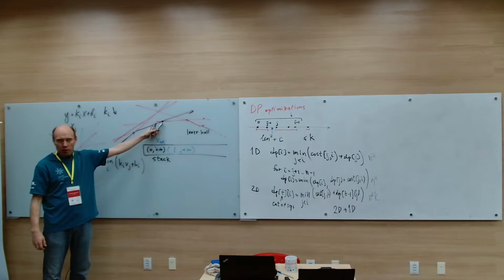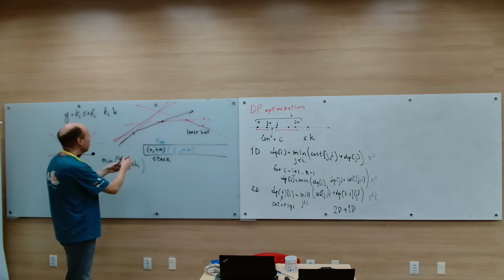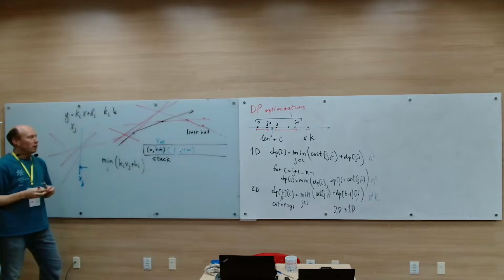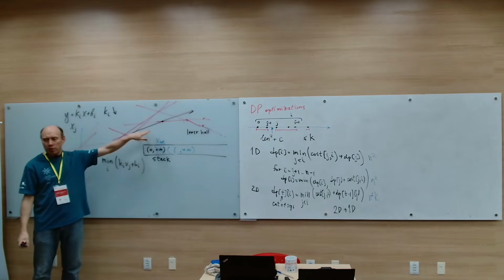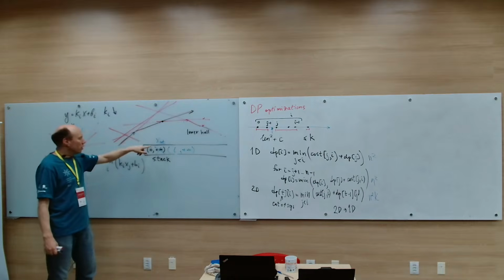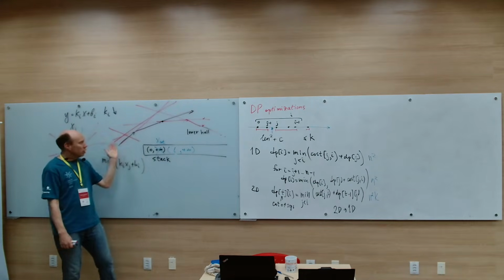That is one case. Another case happens if, for example, this line is so good that it actually overrides totally the segment of optimality for the line on the top of the stack. What we would like to keep on the stack is this lower hull.